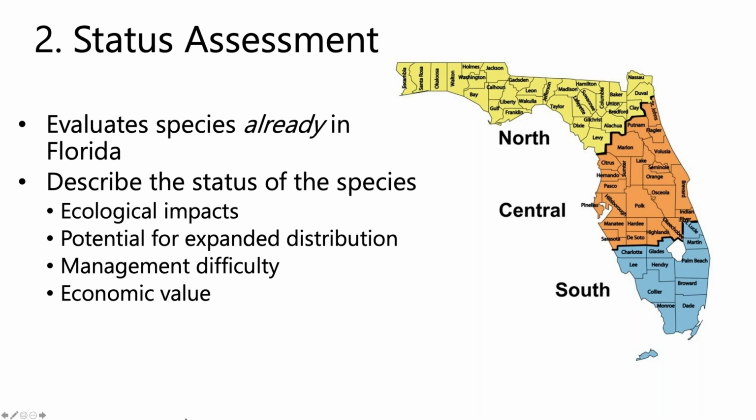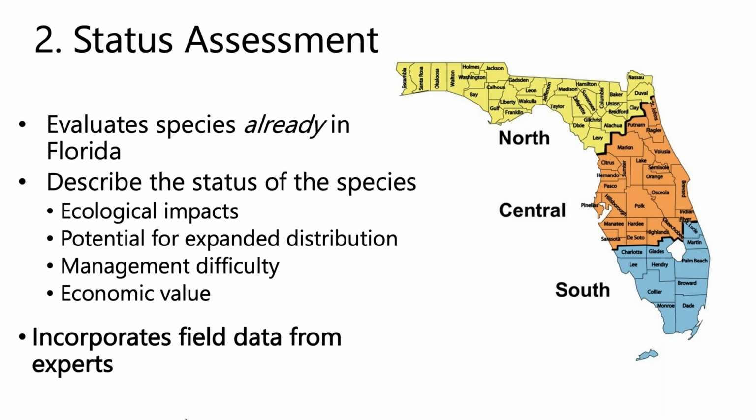Our tool is designed to describe ecological impacts, the potential for expanded distribution, and management difficulty. And then we do have a little bit of information that we include about the economic value of the species, although I'm not aware that this has ever changed the conclusion of a species.